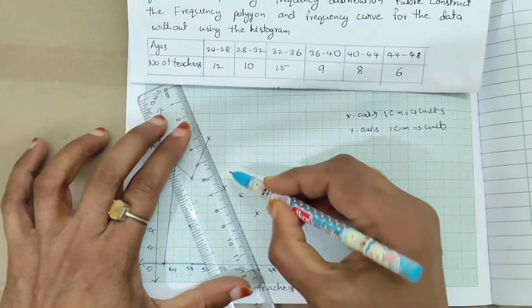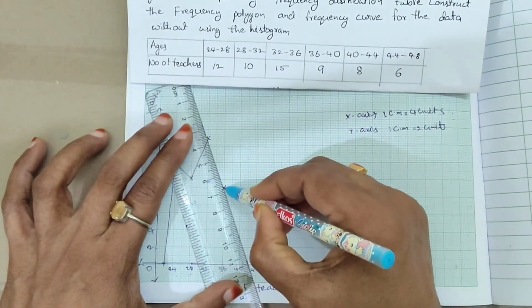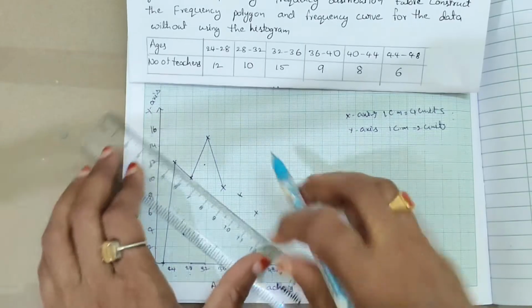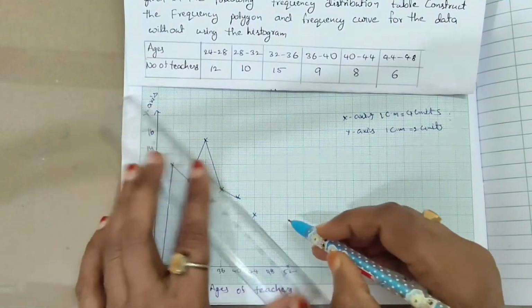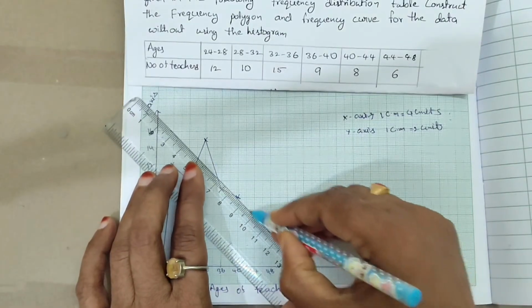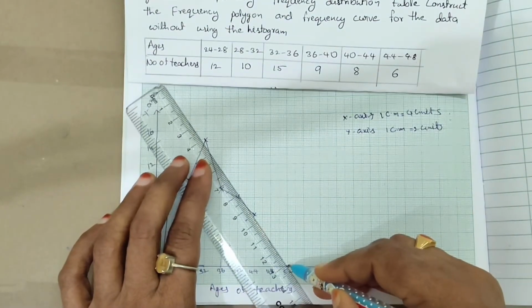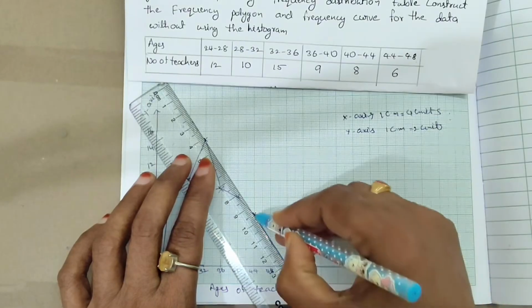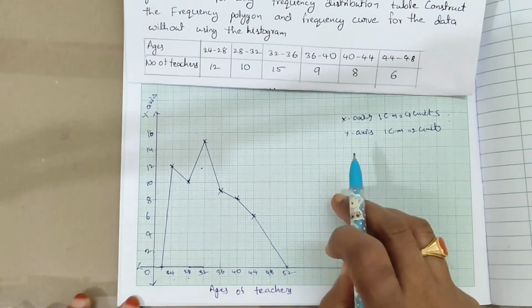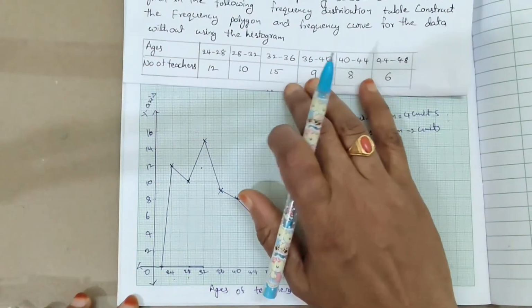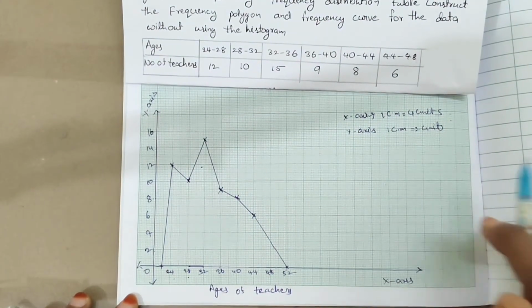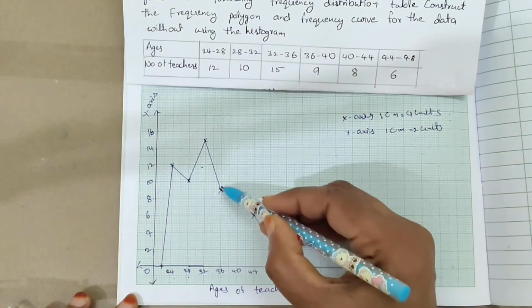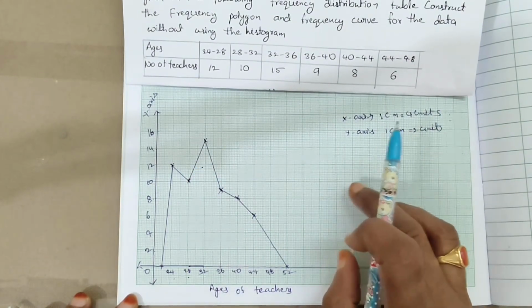So we draw the polygon by joining these points using the scale. So this is the polygon of these measurements. This is the complete polygon. Next we draw the curve.